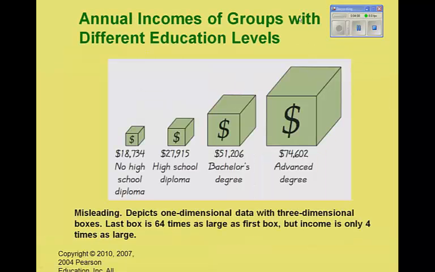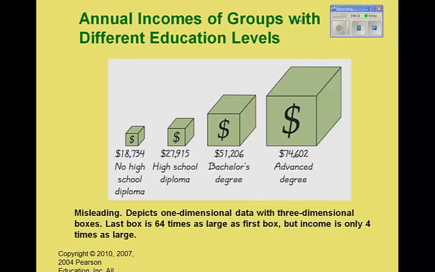Here's another one that the book gave, and I kind of like this example. Annual incomes of groups with different education levels. Okay. Now, what's misleading about this? Well, when you ask what is someone's income, they give you a number.